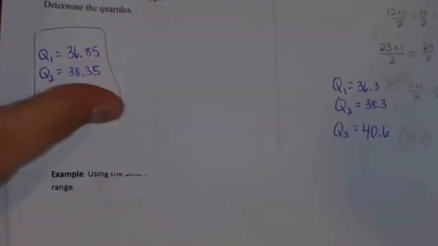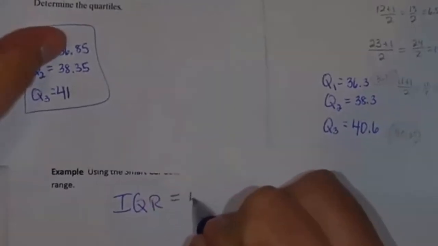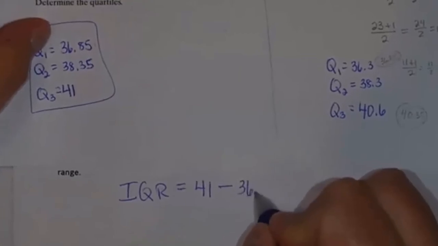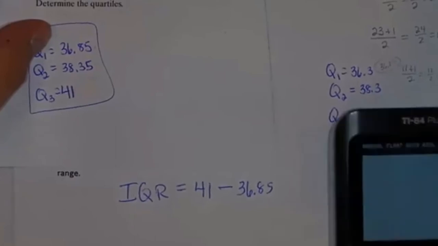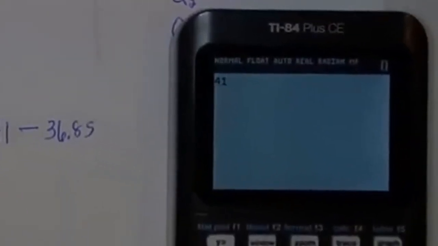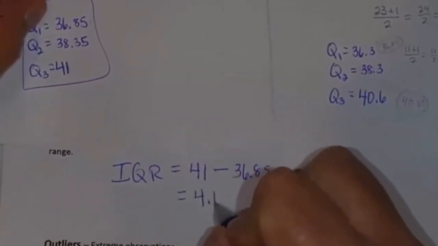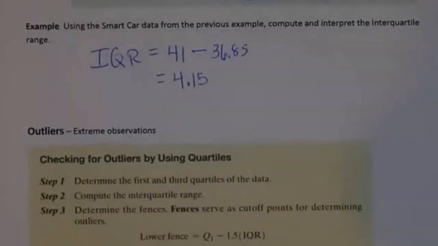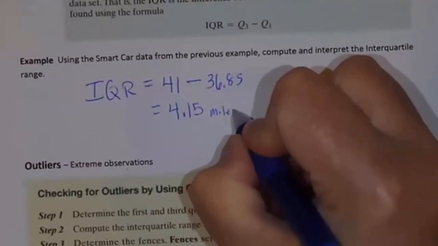My interquartile range for the smart car data is going to be 41, the third quartile, minus 36.85, the first quartile. If I do that, 41 minus 36.85 is 4.15. So the interquartile range is 4.15. There are units on that. That would be miles per gallon.